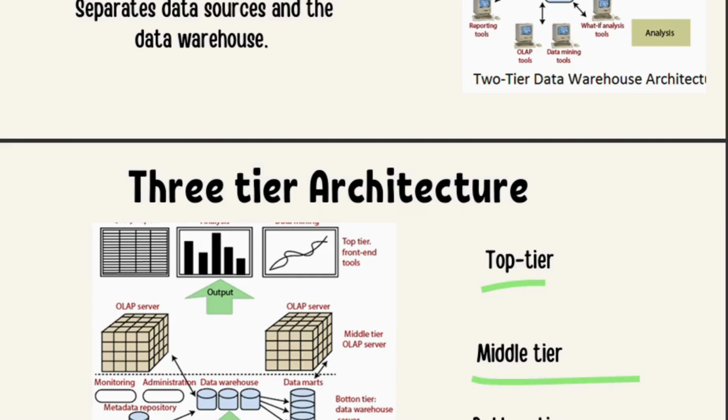So you collect all the data in the bottom tier, you do all the calculations in the middle tier using the OLAP, and finally it is served to customers using the top tier. This system is the most efficient because each area has a specific job. It can handle large amounts of data and many users without significant performance issues. This is the architecture you'll typically find in enterprise level data warehousing.